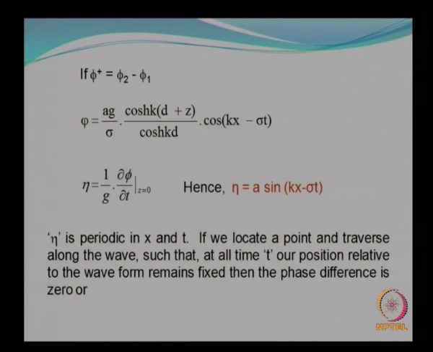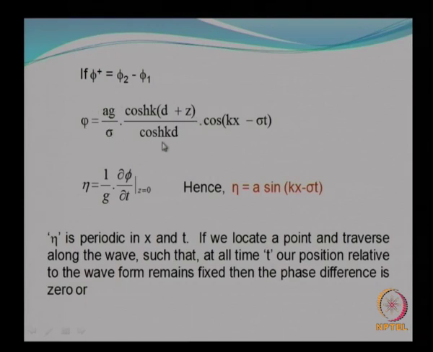As you go down below, because of this hyperbolic function, remember that z is negative. So as you go down towards the seabed, the value of this magnitude will decrease.